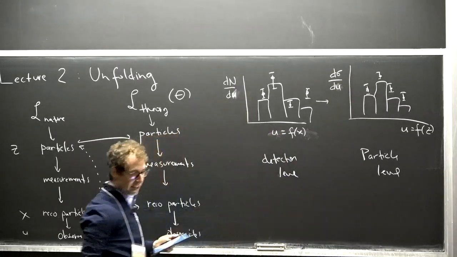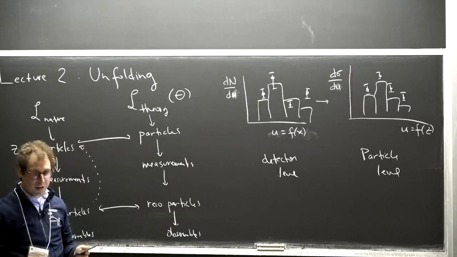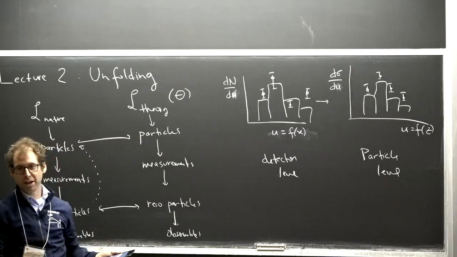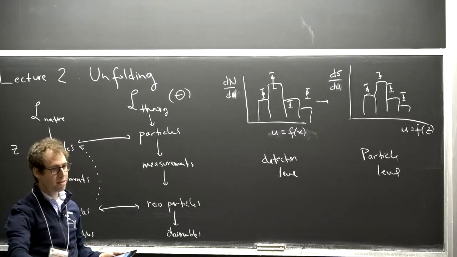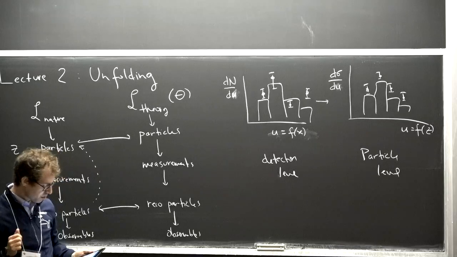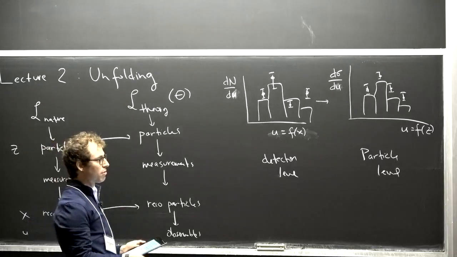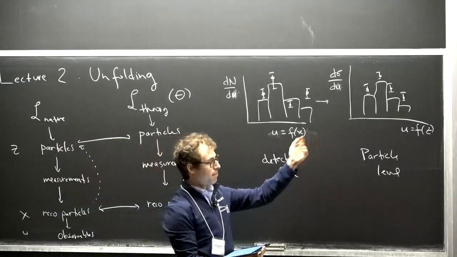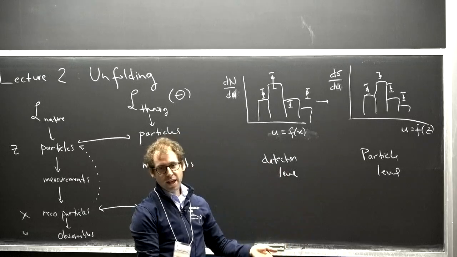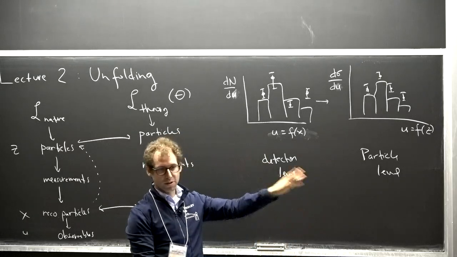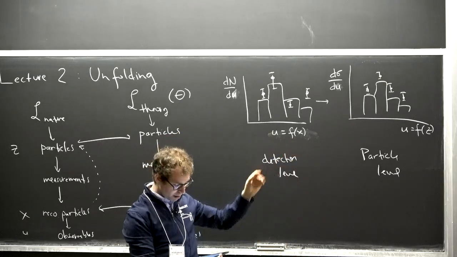Once I do this, I have histograms, and I told you yesterday how you can do inference with histograms. So all the same machinery just applies. This is great because anyone can do inference. Once you have this, I can make a calculation. I can run Pythia and make predictions for some parameters.